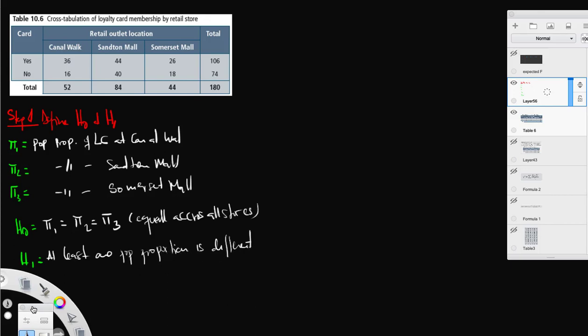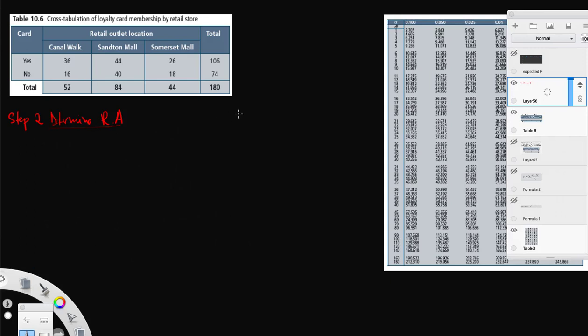All right, let's now move on to our second step, which is to determine the region of acceptance of the null hypothesis. In case you forgot, for independence and equality, our degrees of freedom is row minus 1 times column minus 1. For this scenario, we know our rows are 2 and columns 3, and therefore our degrees of freedom will be equal to 2.